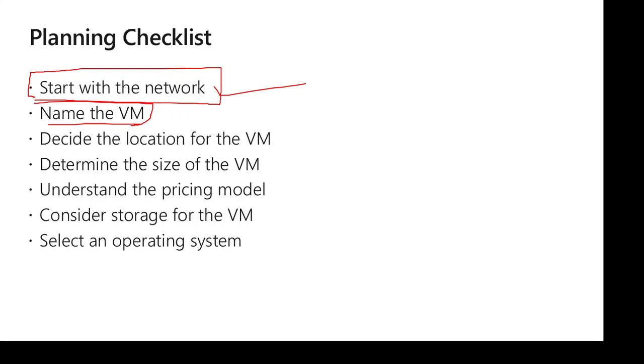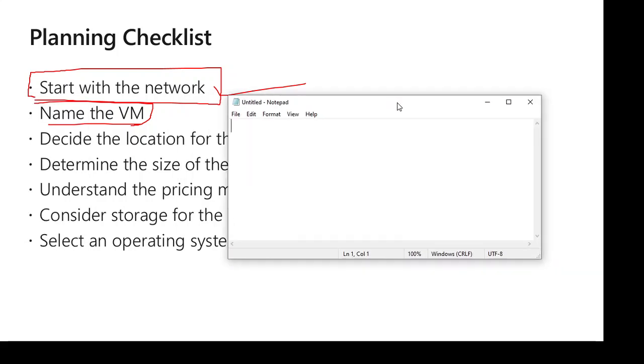Let's consider that every virtual machine which I am deploying right now in my network will have a name: VM1 for website, VM2 for the database, VM3 for my application.